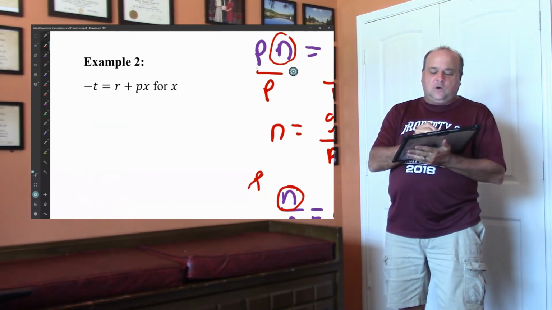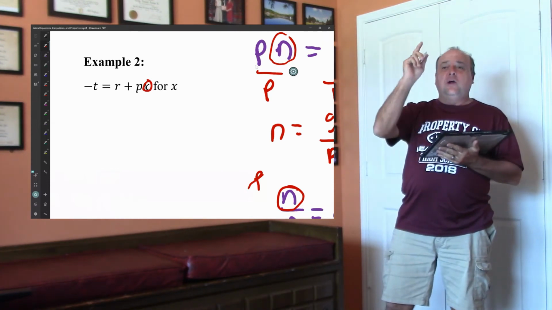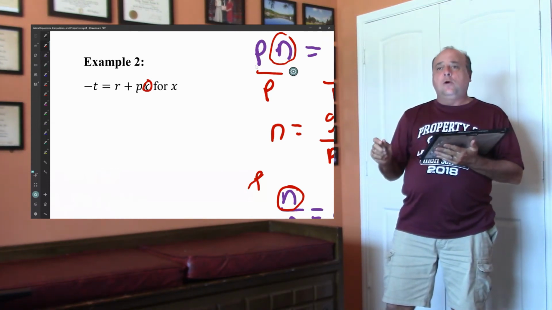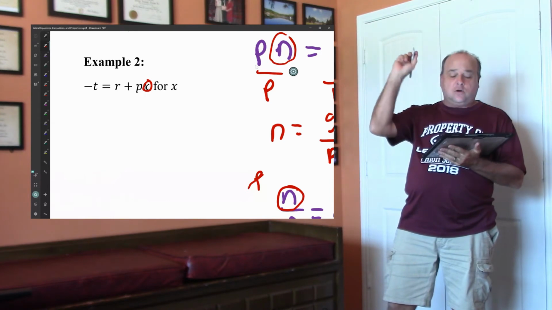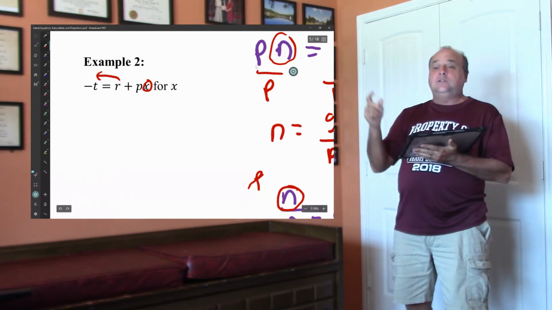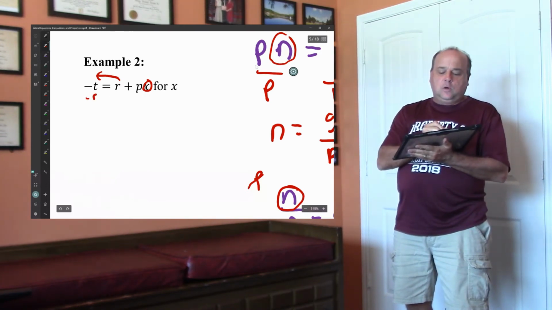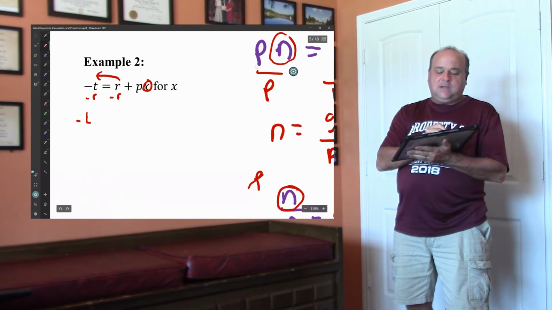We're going to solve this for x. Let's circle an x. Now then, we're just going to move over the r, and then we're going to divide by the p, aren't we? We have to add or subtract the r across, and then we're going to divide by the p. So whenever you move that r across, the positive r will turn into a negative r, right? So we're going to subtract r. We'll get negative t minus r equals px.